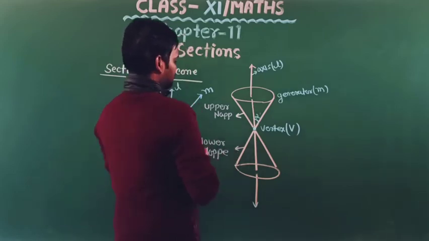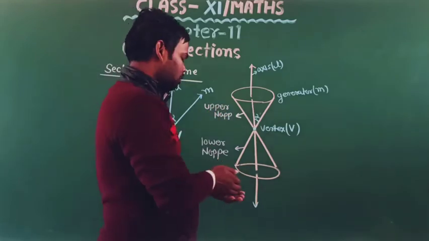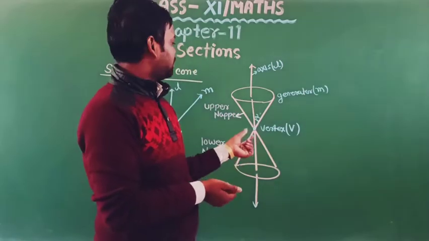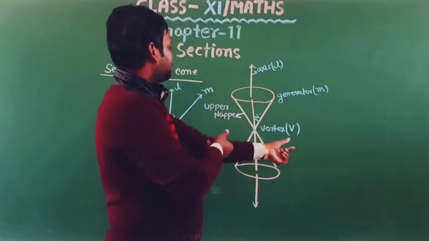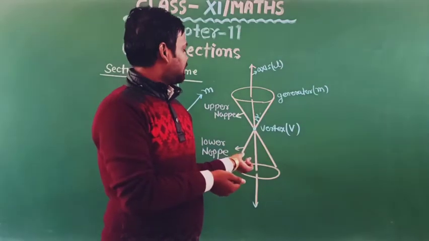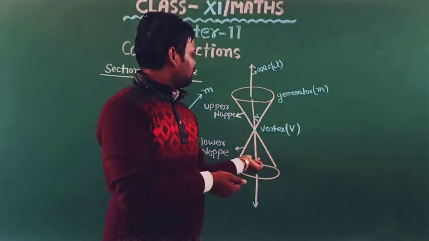So children, this generated surface is called a double right circular hollow cone.